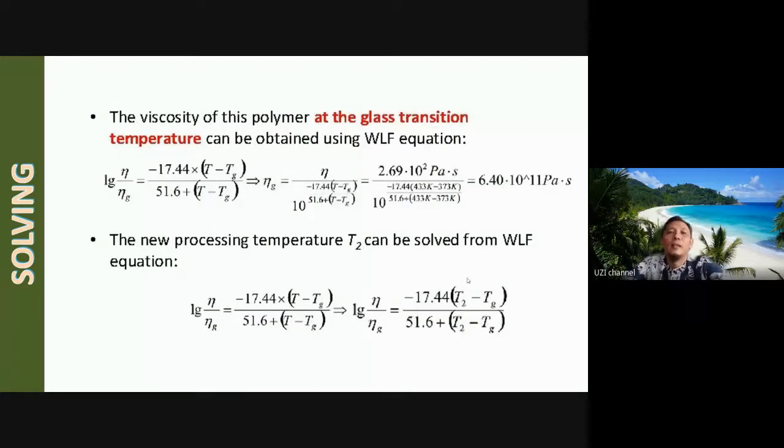Then by entering the glass transition temperature into the equation, we can get the log of the viscosity over the viscosity at glass transition, and we get the viscosity at glass transition. This.